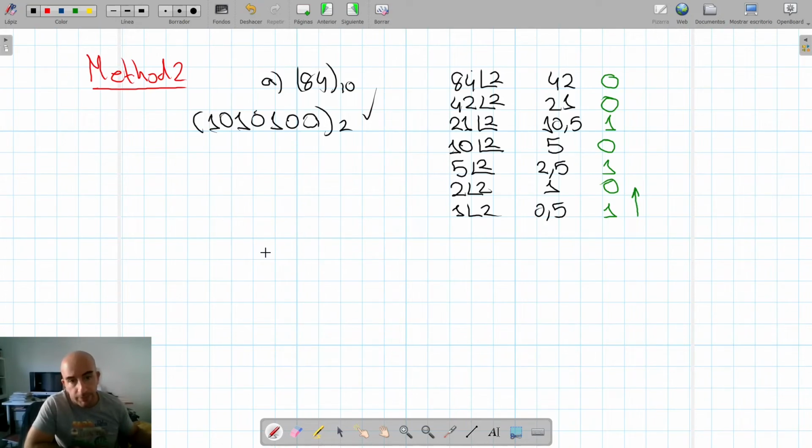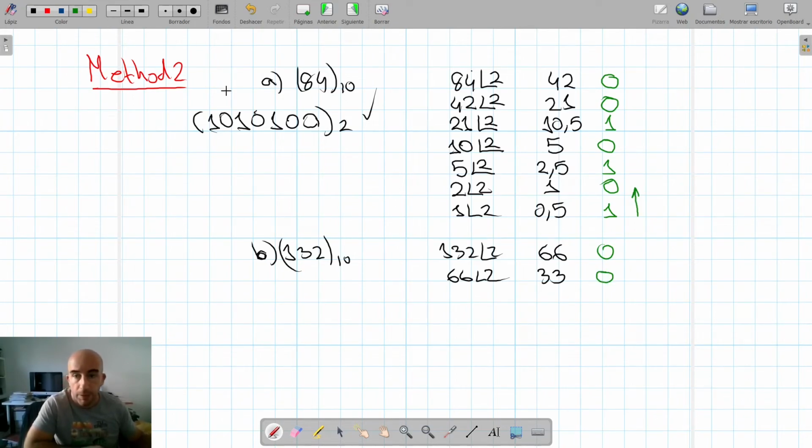Now let's do 132 in the second method. So again, 132, we're going to divide it by 2, and that's going to be 66. It's an exact division, so it's a 0. 66 divided by 2 is going to be 33, and a 0 because there's no remainder.